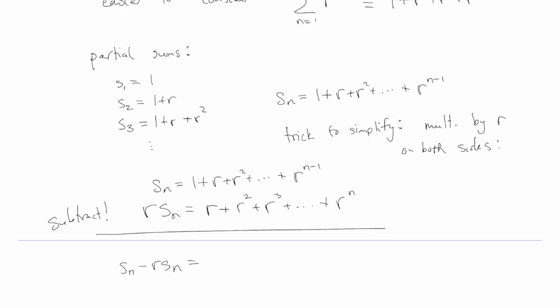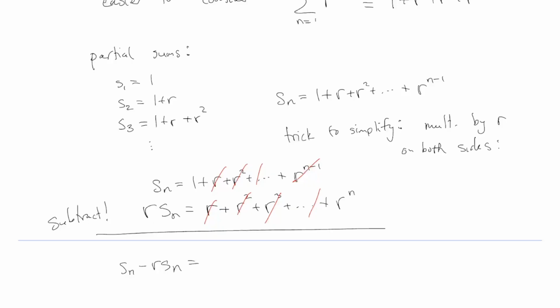And on the right, almost everything will cancel. The r and r will cancel, r squared and r squared. This r cubed will cancel with the r cubed that was up there. Everything cancels except for the 1 at the beginning, which has nobody in the lower one to cancel with. And the r to the n at the end doesn't have anything to cancel with. Everything else in the middle cancels out.